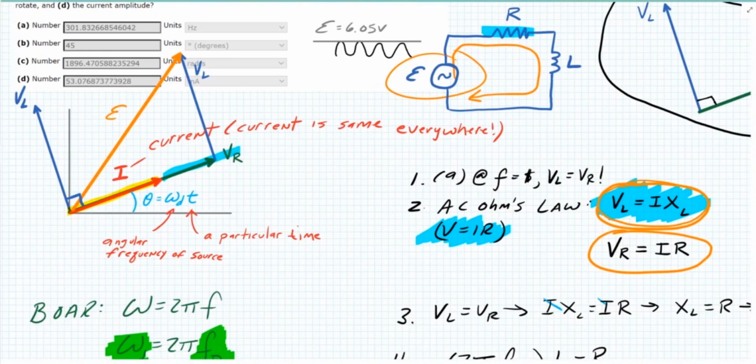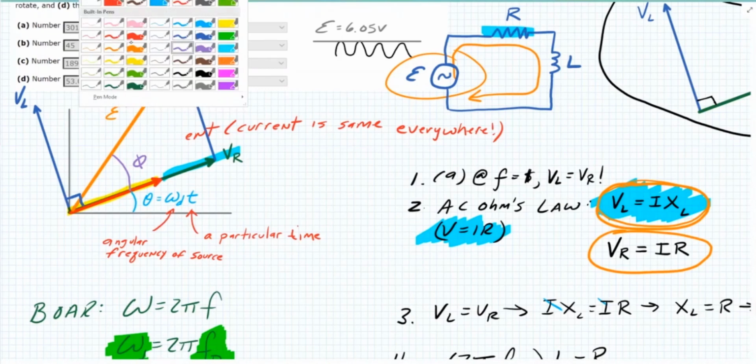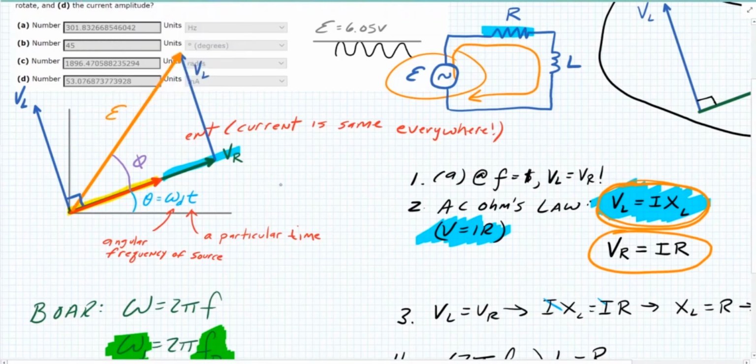Let me clear the deck a little bit here. All of that is in the past, we know. All right, phase angle is always defined as this angle right here between the source voltage and the circuit current, phi. I'm going to write that out because it's important. All of this makes your head spin at first, I understand that, but after a while it's familiar.